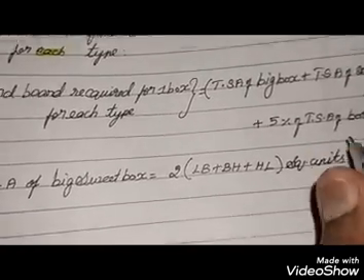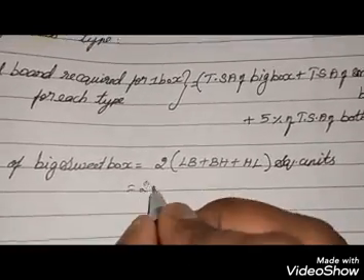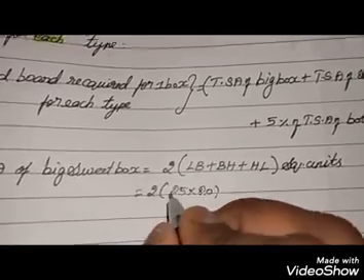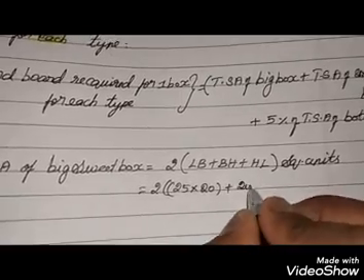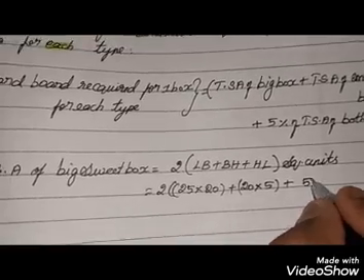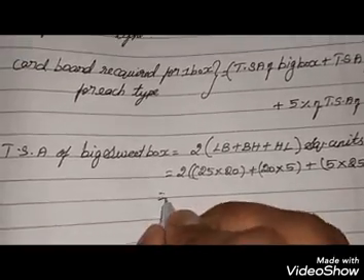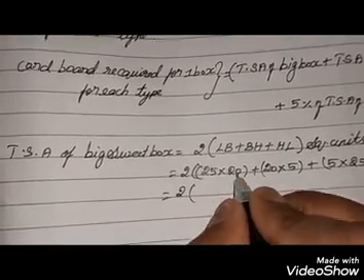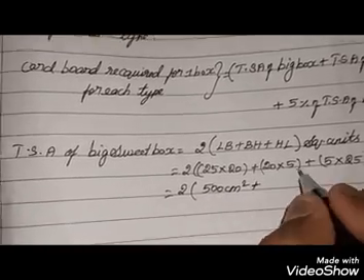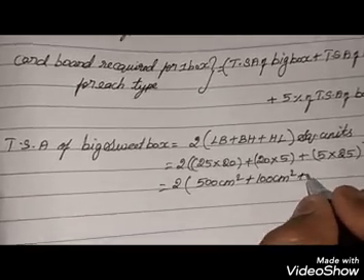Substituting the values: 2 into (25 into 20 plus 20 into 5 plus 5 into 25). Multiplying, you get 500 plus 100 plus 125.